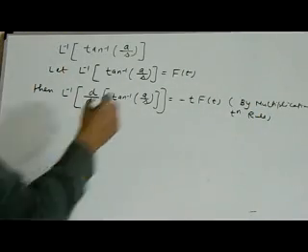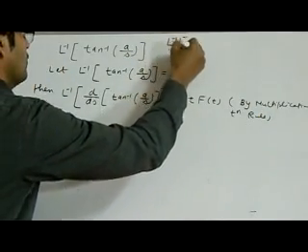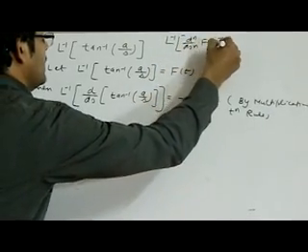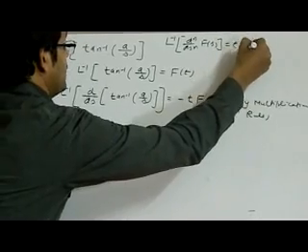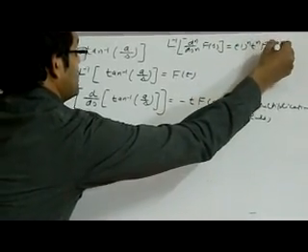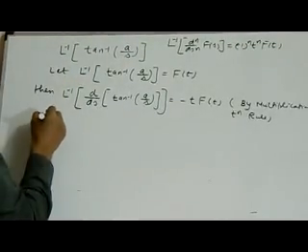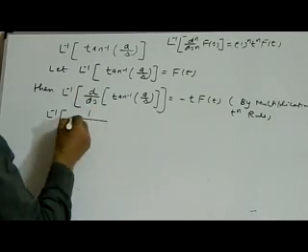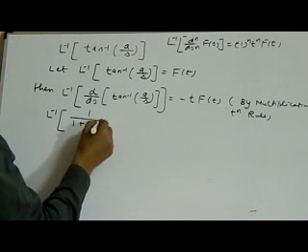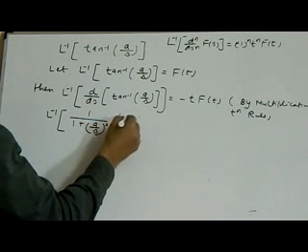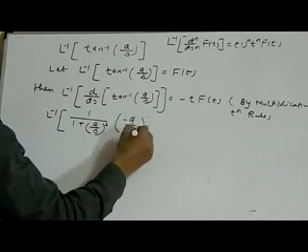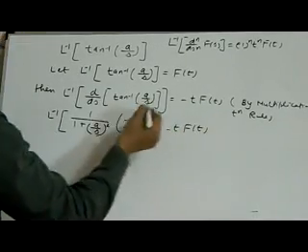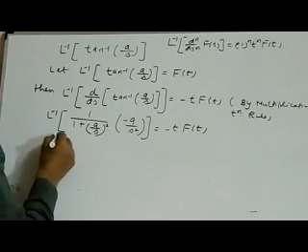Because the rule was L inverse of d n by d s n of f of s is minus 1 to the power n t to the power n into f of t. Now n is 1. Now let us differentiate it. What will I get after differentiation? 1 upon 1 plus a by s whole square into minus a by s square is minus t into f of t.